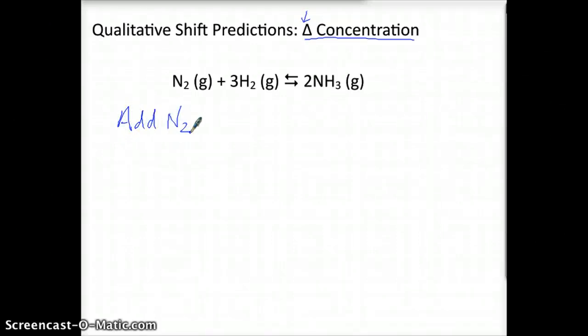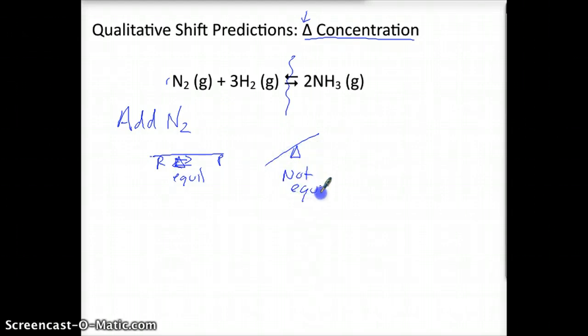Well, if we do that, the analogy is, we're on a seesaw, we're at equilibrium. But now we've added N2. We have too much of the reactant side. So this is like our reactants, this is our products, this is kind of like your arrow. So if we have too much reactants, now this side is going to be heavier. So now we're not at equilibrium anymore.